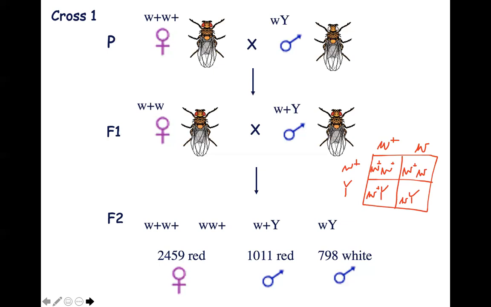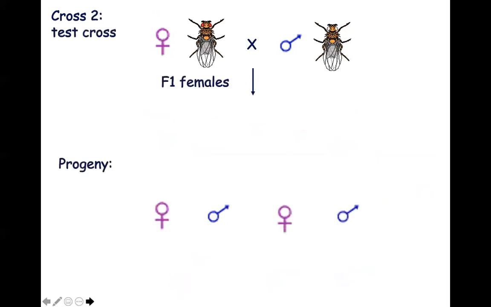And so this is the second cross that they did. In this case, you should be able to tell me what this fly looks like. This is one of the parents.